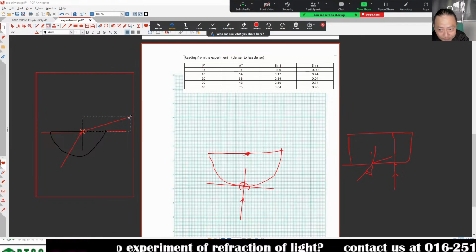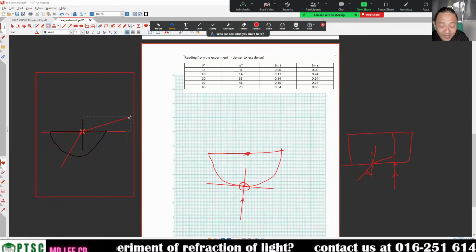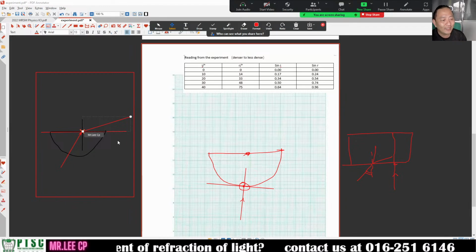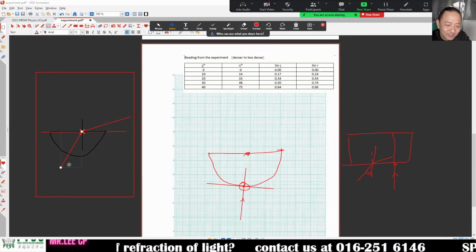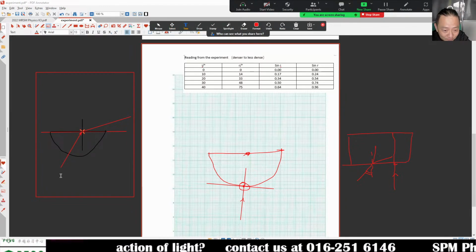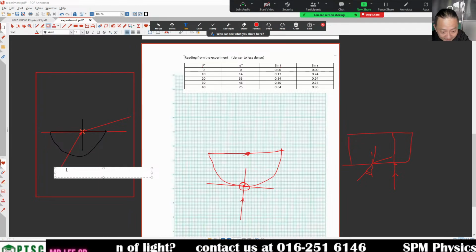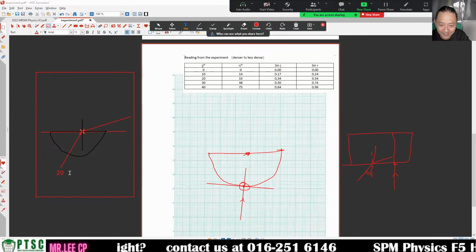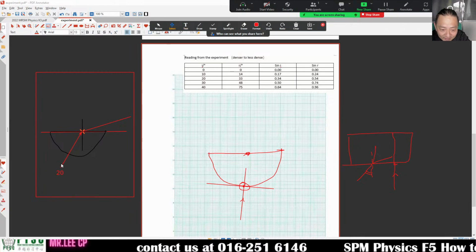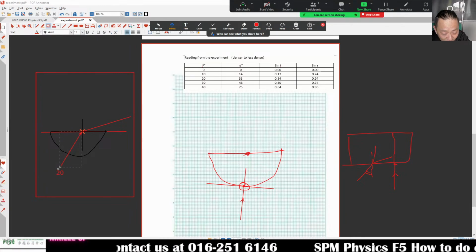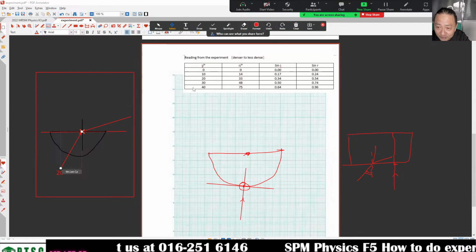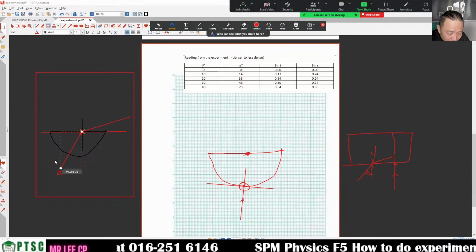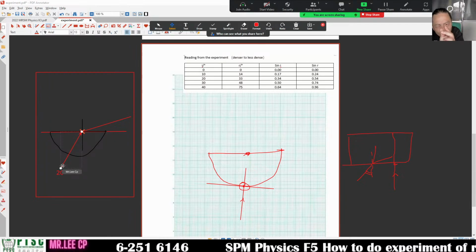Alright, away. Okay. Now, I suggest one reading. We start from 20, okay? Any one of you like 20? 20, okay. Then we do 30, the next one. If you do 20 and then 25 and then 30, 35, it is difficult, because they are very close.